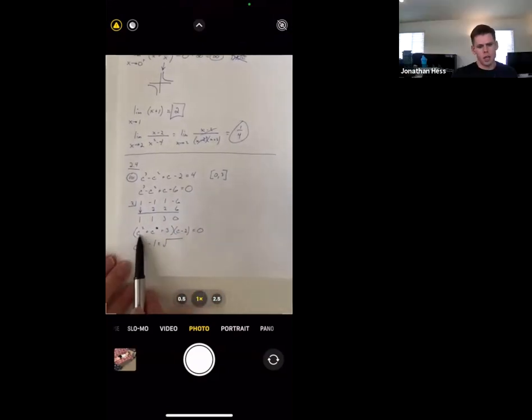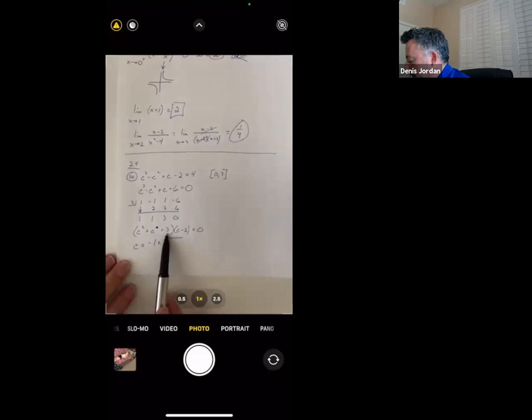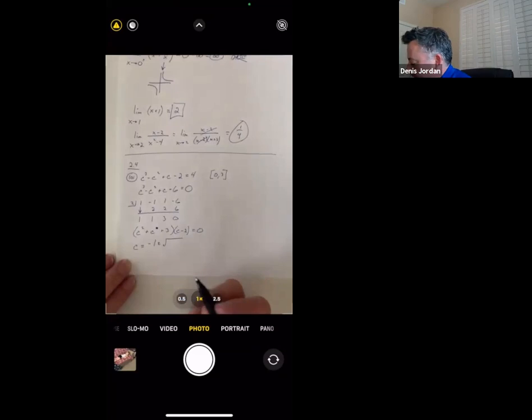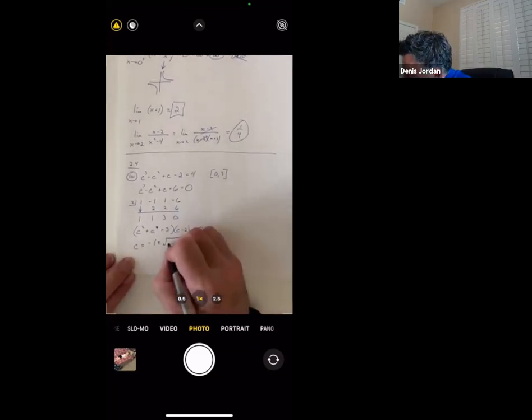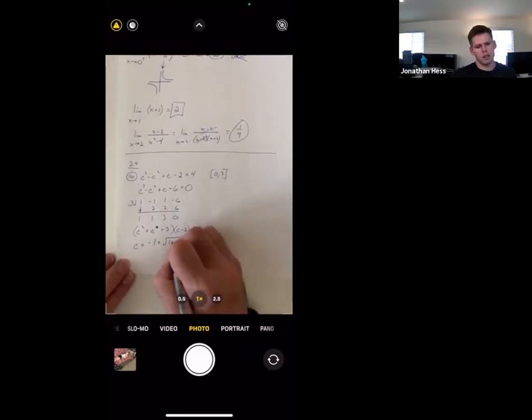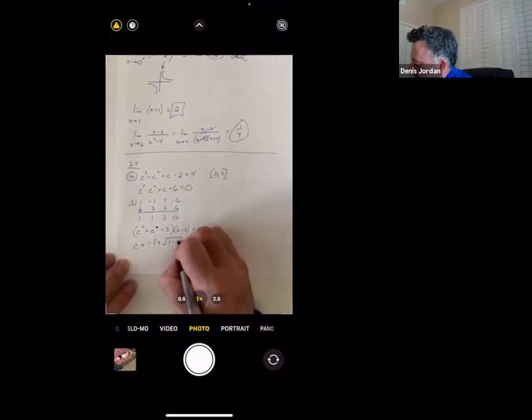If this quadratic doesn't factor, you have to use the quadratic formula or completing the square to figure out where the zeros are, and you are right, it comes out imaginary.